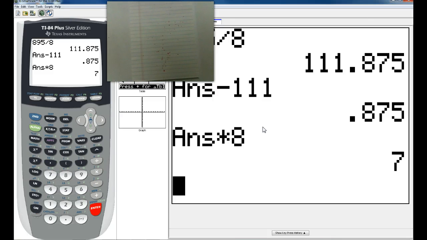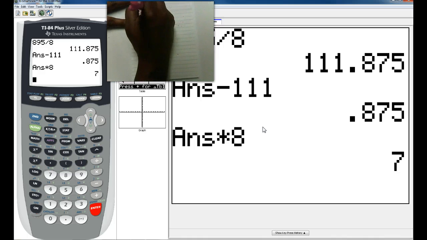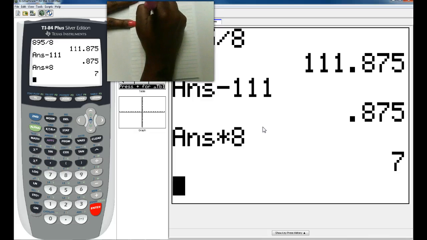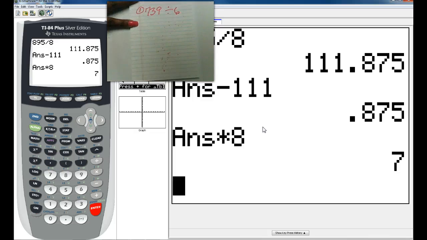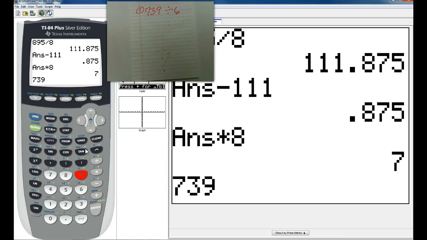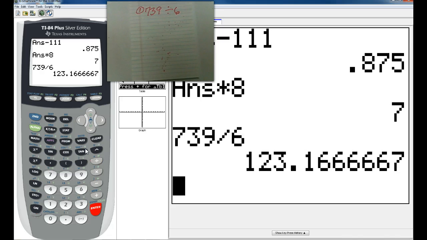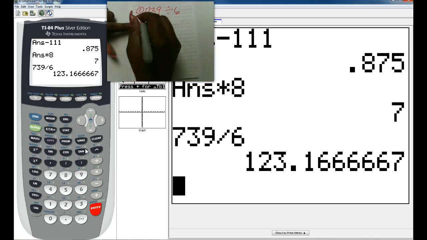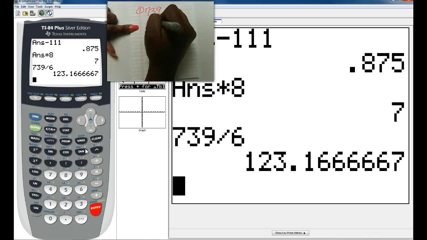The next one we want to do, and we're not going to do long division this time, is 739 divided by 6. So we're going to put in our calculator 739, and then we're going to hit divided by 6. And it's going to give us the answer. Our whole number is 123, and we're waiting on our remainder.